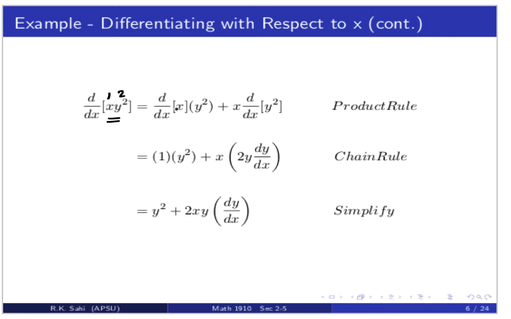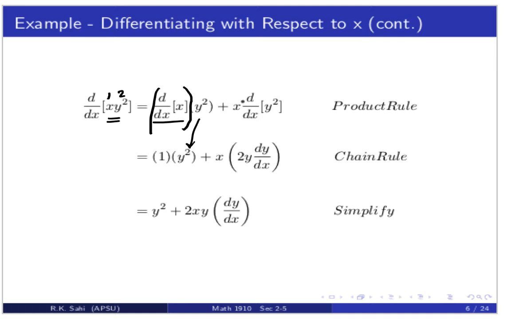So you're going to differentiate the first function, so this is d dx of x, times the second function, which is y squared, plus x times the differential of y squared. Now notice the x with the x is agreeing, so d dx of x is 1, whereas y squared stays as it is.